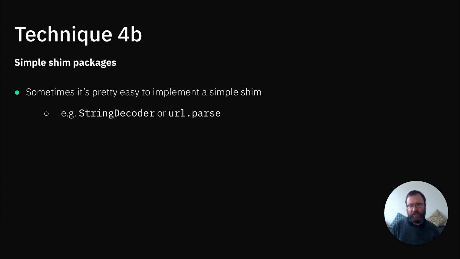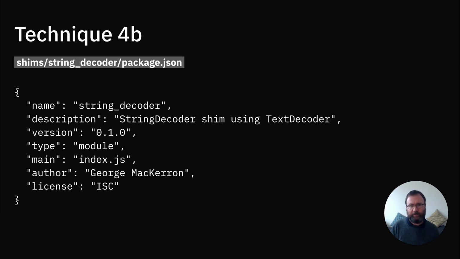If we take string_decoder, it's very straightforward to re-implement this using the TextDecoder object that's available in browsers and on serverless platforms. So we create a string_decoder folder, and inside it we again create a very simple package.json file. Only the name and description have changed here from the previous shim package that we looked at. The name again needs to match the package that we want to shim.